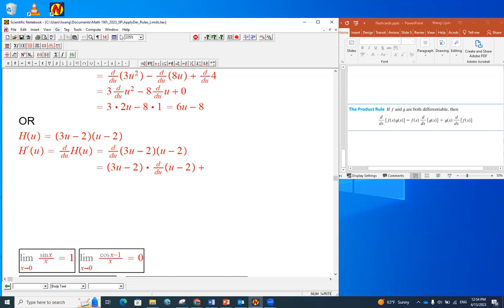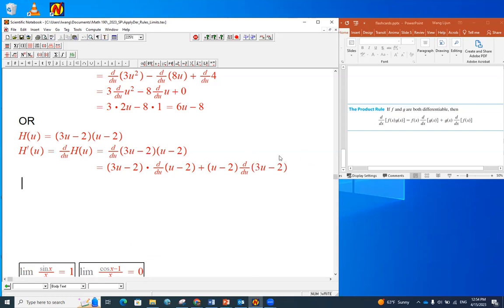Plus, okay, g put in the front, and we differentiate with respect to f. So f is this piece. Okay, and then what do we get?